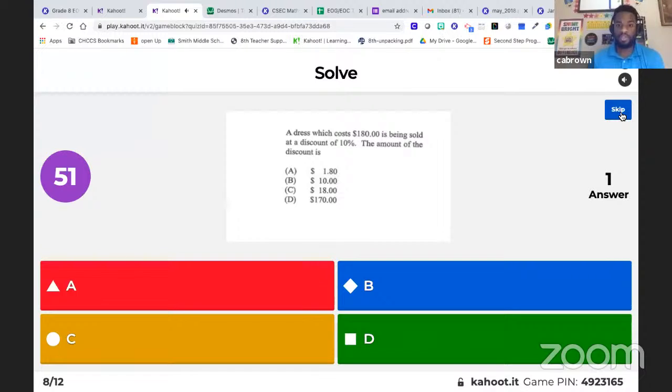The amount of the discount, is it 1.8? Is it 10? Is it 18?